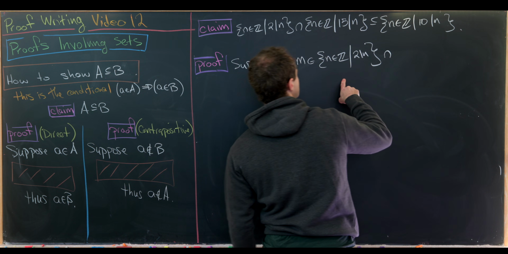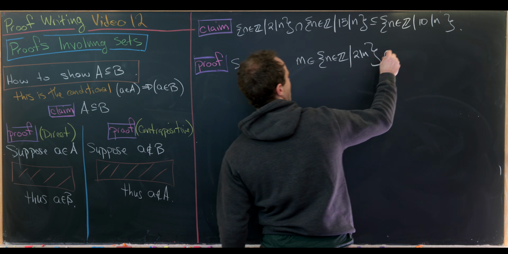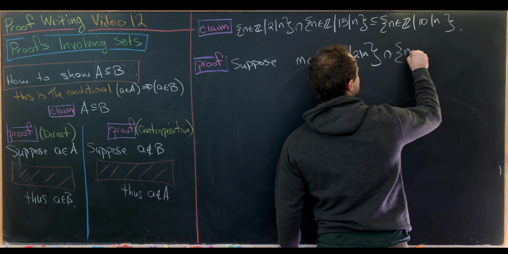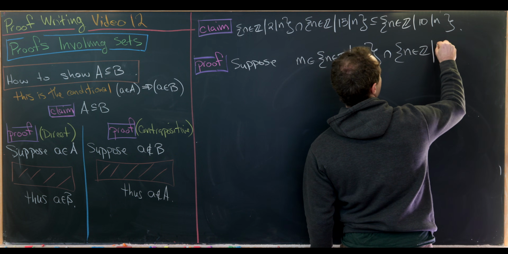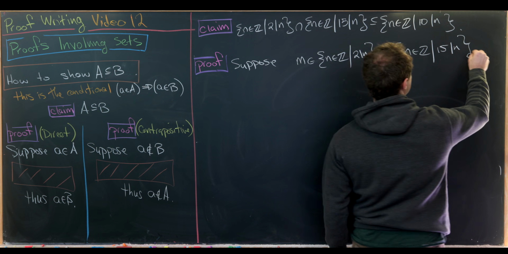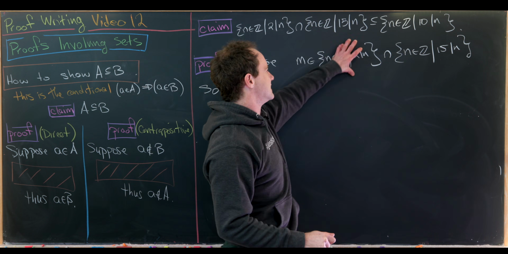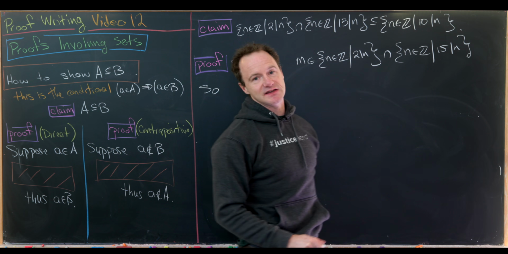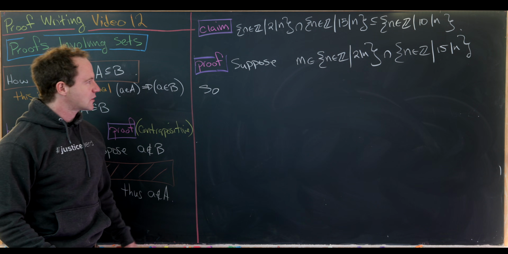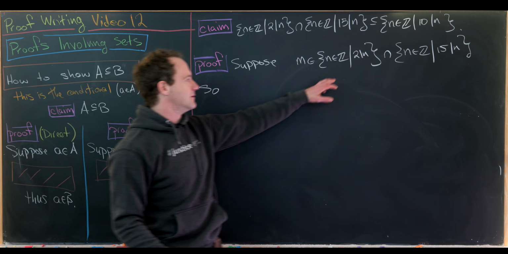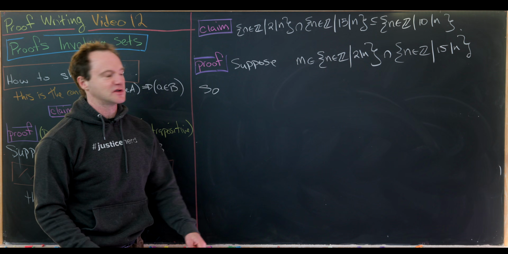The first of which is the set of all integers divisible by 2, and the second of which is the set of all integers divisible by 15. But what does that mean? Well, that means that m is in this set and m is in this other set. But we can quickly bring that down to m being even and m being a multiple of 15.